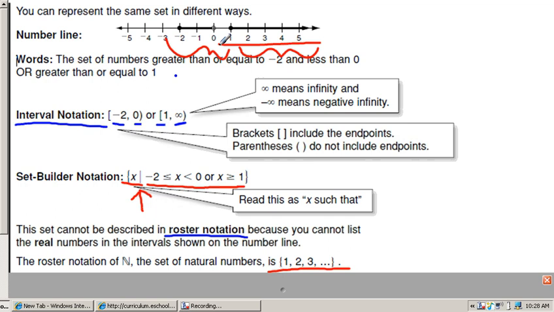You could start with 1, 1.01, 1.02, and so on and so forth. But there are a lot of numbers in there that you wouldn't be able to find them all. So those are some different notations that you will see in this section.